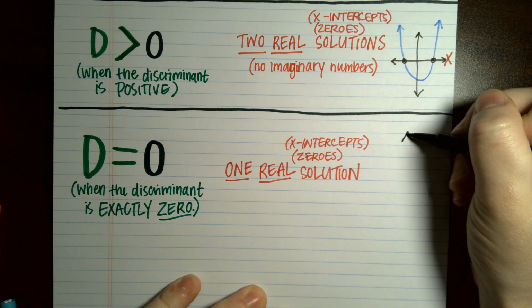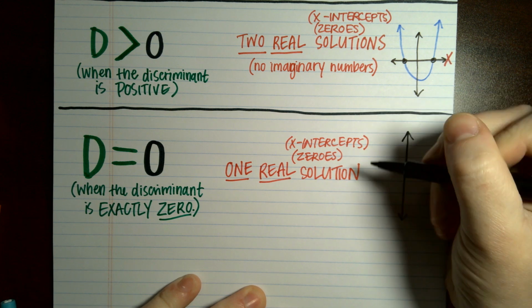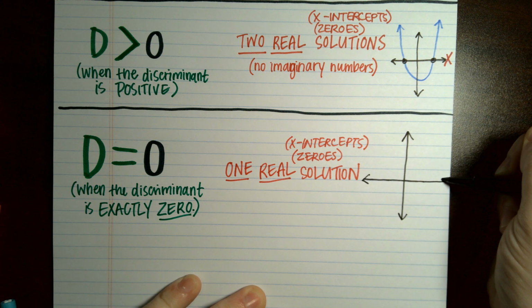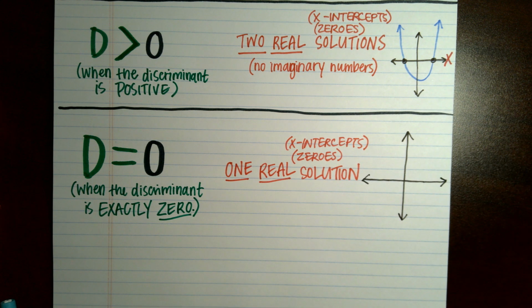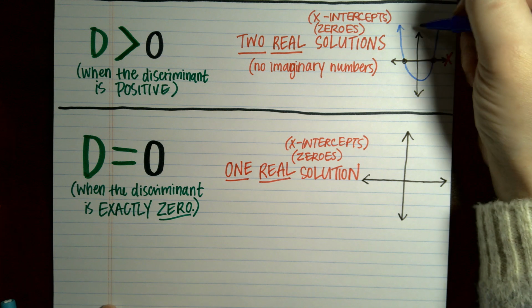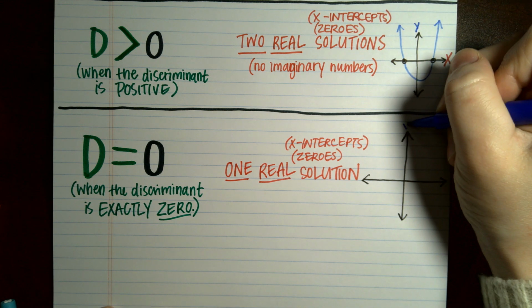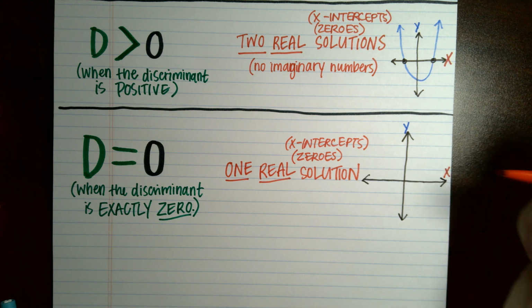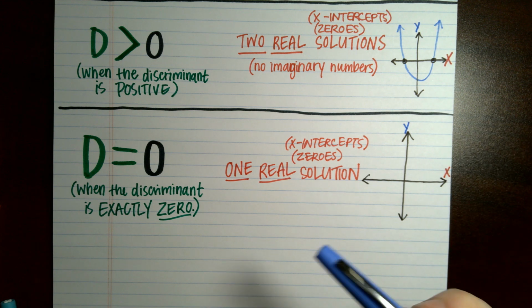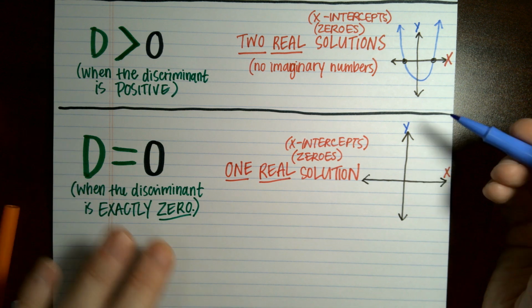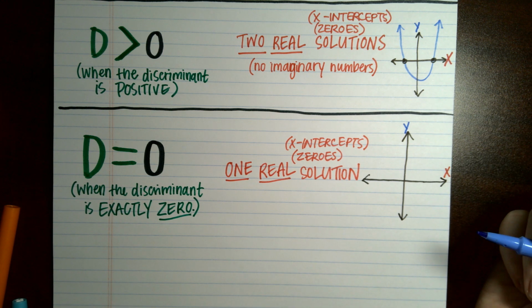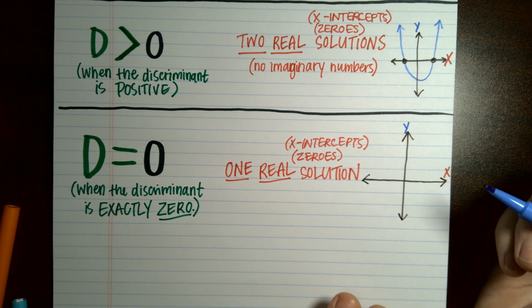When we draw a rough sketch of the graph of what this might look like, our parabola is going to touch the x-axis at exactly one spot, just one.